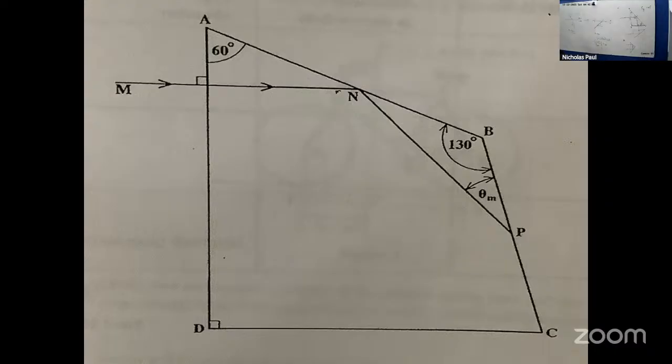What was the question? Show that MN undergoes total internal reflection at AB. So put in all the angles.